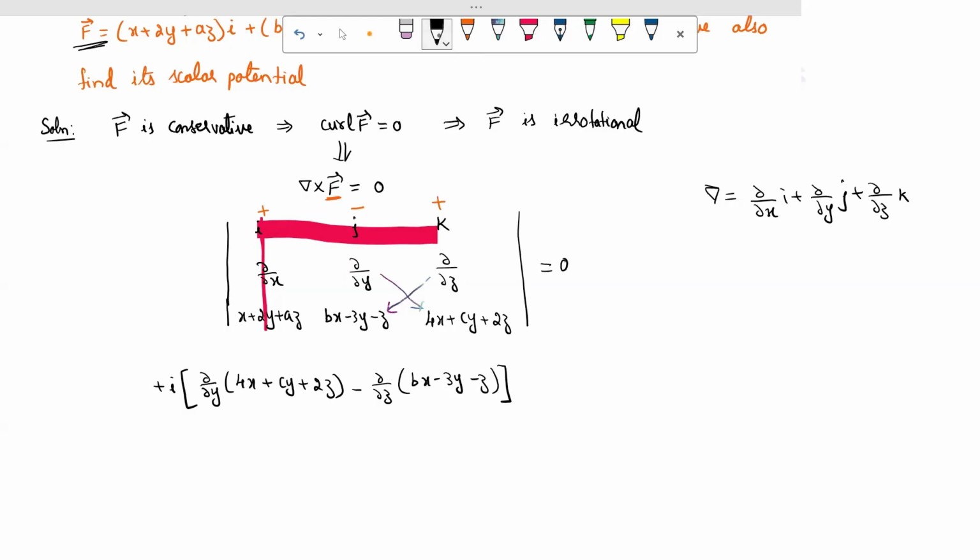Then minus j times: you close the column and row of j, then cross multiply.